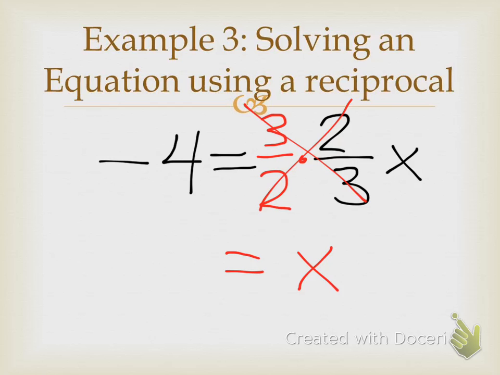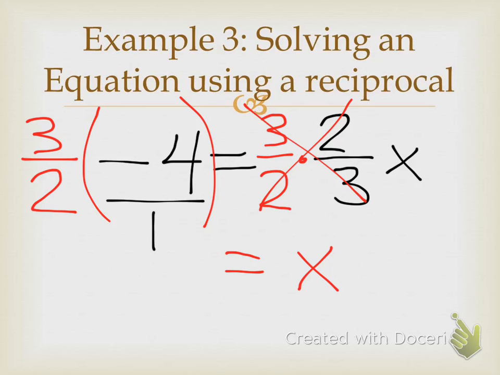Now, remember, whatever I do to one side, I must do to the other. Now, this is a little bit weird how it looks. 3/2 times -4. You always have to have in the back of your mind that -4 is the same thing as -4 over 1.